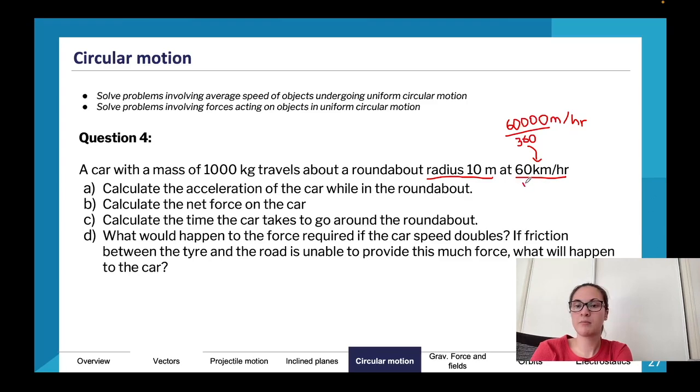Now we're going to put this into the calculator. 16.67, I'm going to say. I feel like that's very fast. Is that too fast?